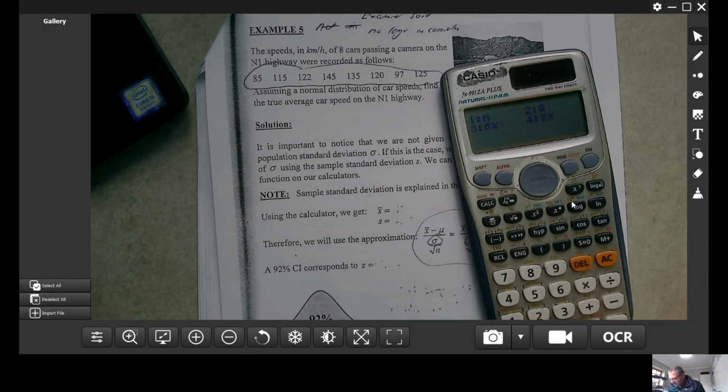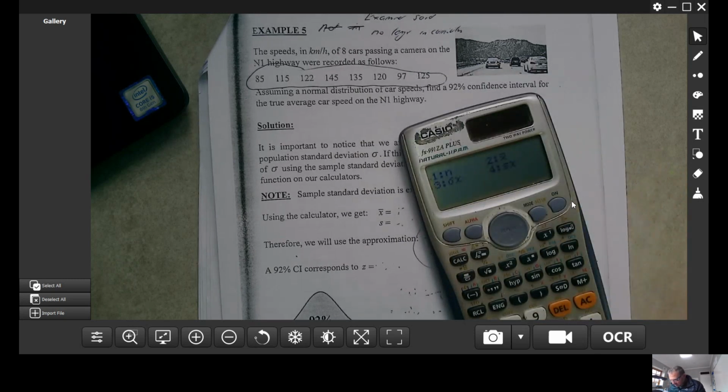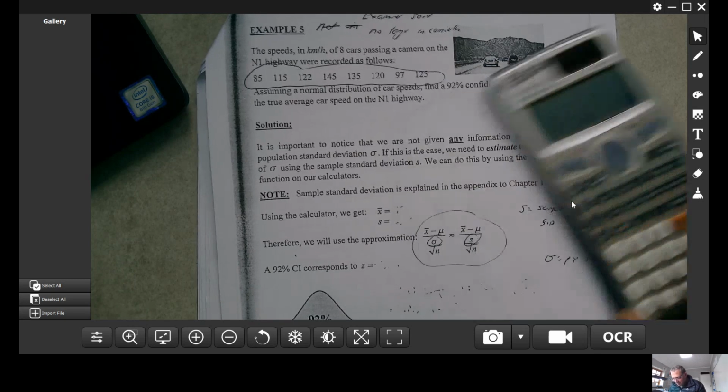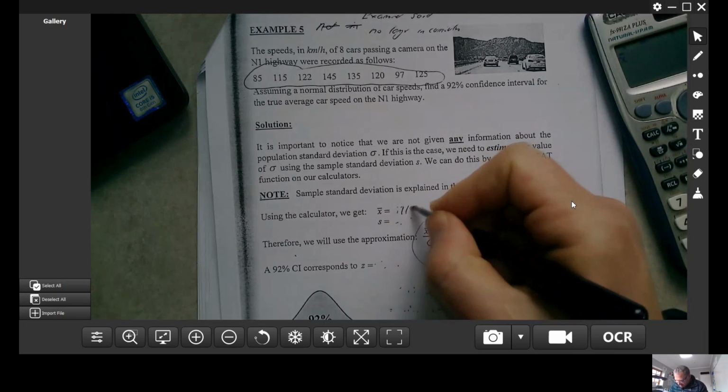First of all, the mean x bar is 2, so you go 2 equals, and you get a mean of 118.